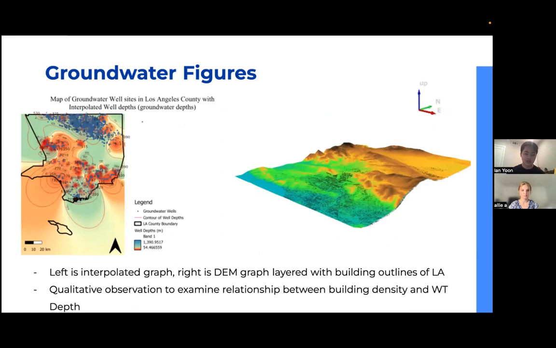We can see that the areas of red are the places with the deepest water table. And qualitatively, if we compare that to the DEM model on the right, which has shapefiles of every single building outline in Los Angeles, we can see that the areas of deepest water table depth are also the areas of greatest urbanization in Los Angeles.